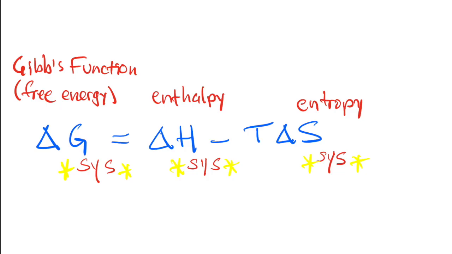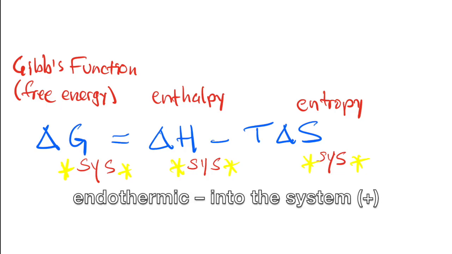So we're going to practice with this idea. Now, enthalpy, let me go over a couple of other terms that you should know. Enthalpy, that's thermal energy. So if thermal energy is going into the system, what do we call that? Endothermic. And what sign, plus or minus, do we put on that energy? It's a plus, this is our convention.